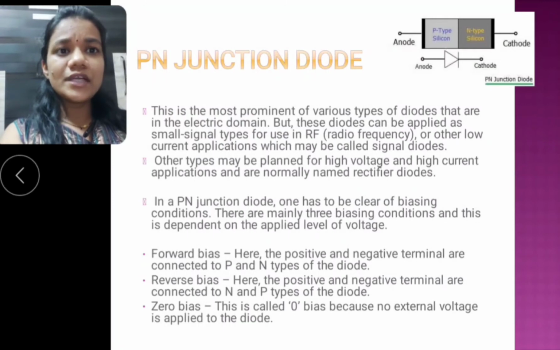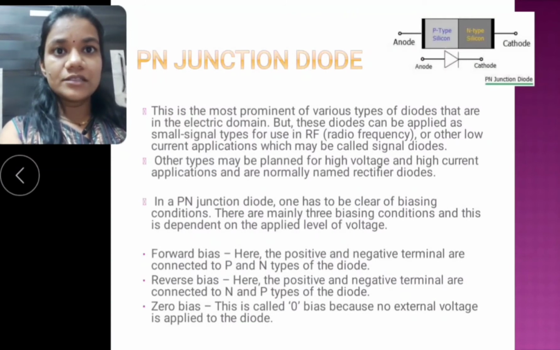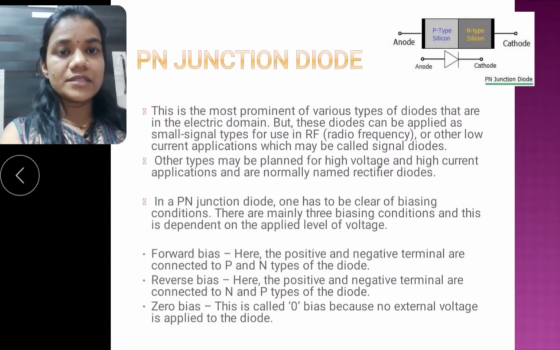In a PN junction diode, one has to be clear about the biasing conditions. There are three biasing conditions, dependent on the applied voltage. Whatever input voltage we apply, the biasing condition of the PN junction diode depends on it. The first biasing condition is forward bias.